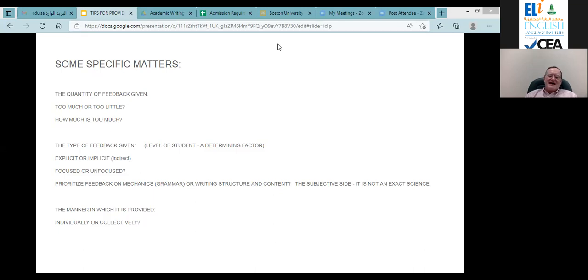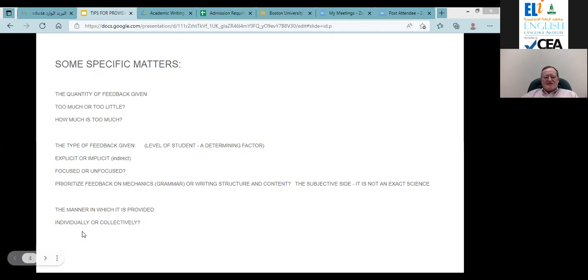We give this feedback, and we determine how much we give, all of these factors. And of course, one of the major factors is the number of students we have, not to neglect that.